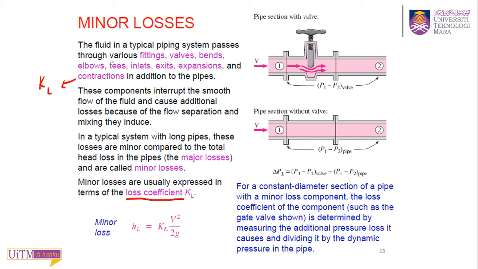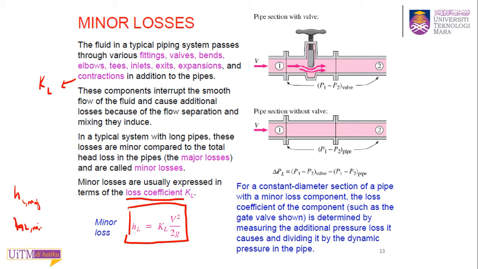If your pipe has a few elbows, you need to calculate the loss coefficient for the elbows. And if your pipe has an expansion, you have to add that loss as well to get your total minor losses. To find that, you just use this equation. Minor losses, HL again. If you want to differentiate, normally we write HL major and HL minor.